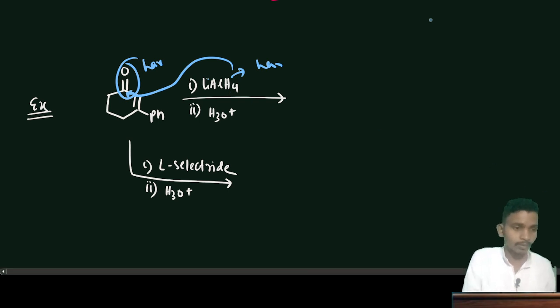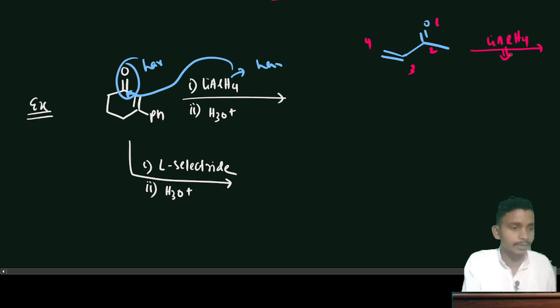One thing: let's say if we have these groups, always start the numbering from here, 1, 2, 3 and 4. Whenever you give lithium aluminum hydride, it means a hard reagent, then 1,2 addition will happen.